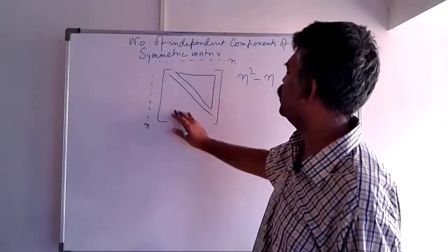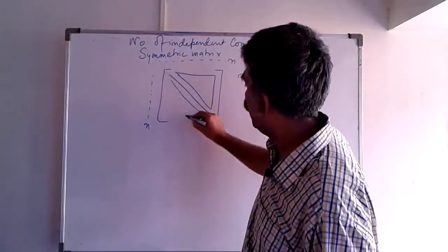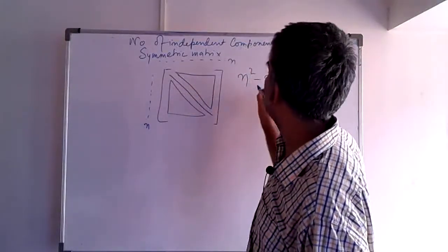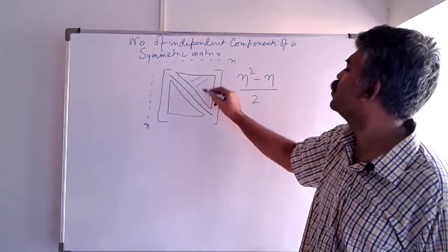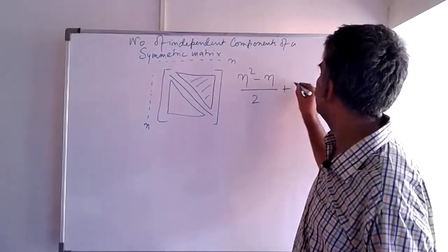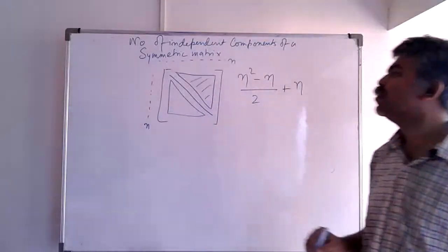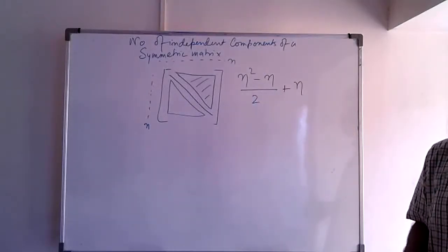Just subtract that. So you take the diagonal off, then you take one triangle, so divide by 2. But you need to add the diagonal back, right? So plus n. So this is the number of independent components of the symmetric matrix.